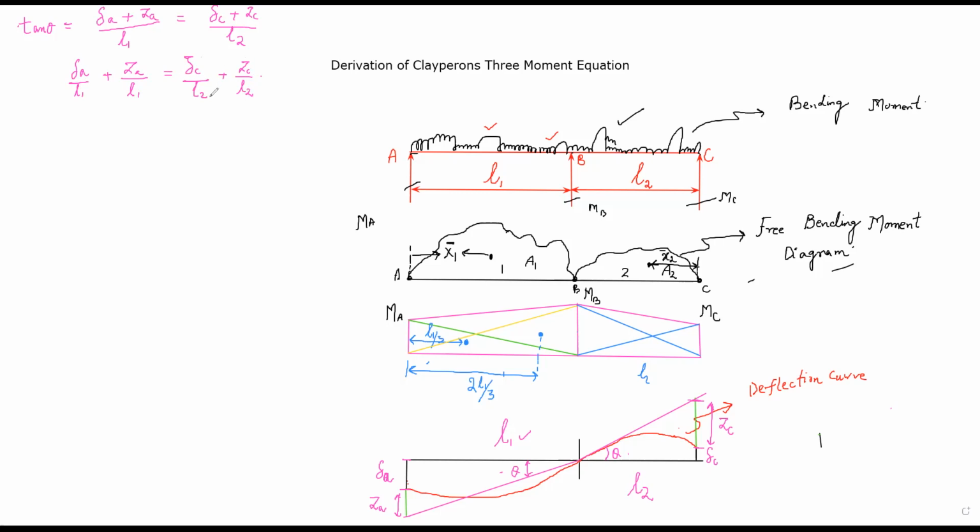Now look at this Z. Delta is deflection for us. This Z and this Z, ZA and ZC. What is this ZA over here and this ZC over here?